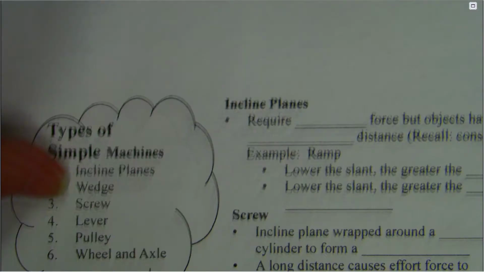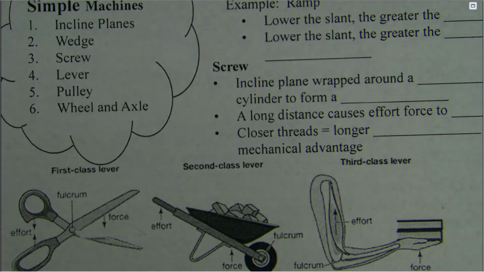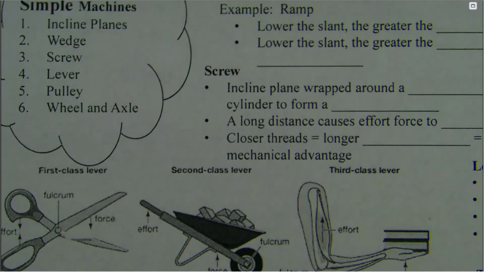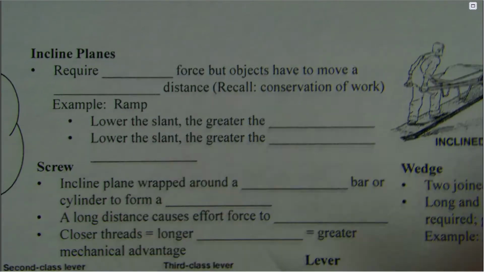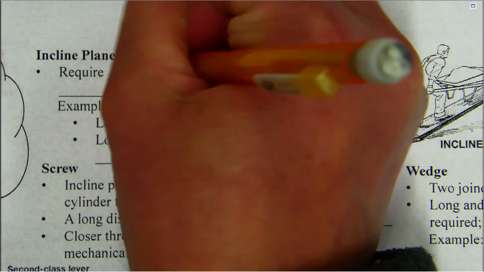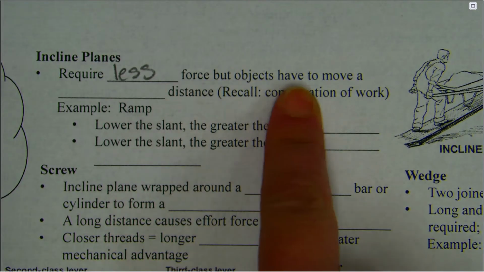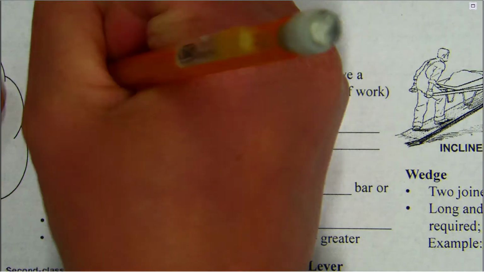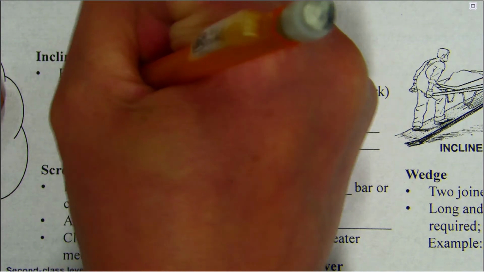All right, so we have 6 main types of simple machines. Let's look at these 6 main types. The first one we're going to look at is an inclined plane. Inclined planes require less force. However, objects have to move a greater distance.